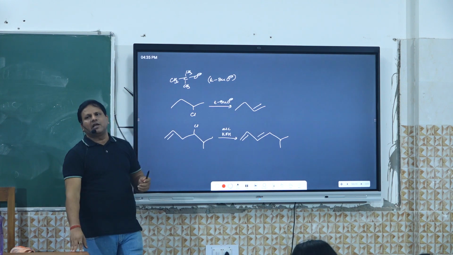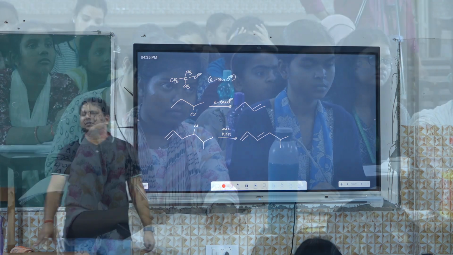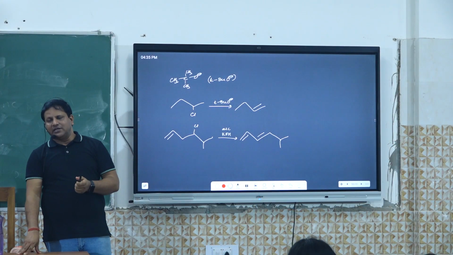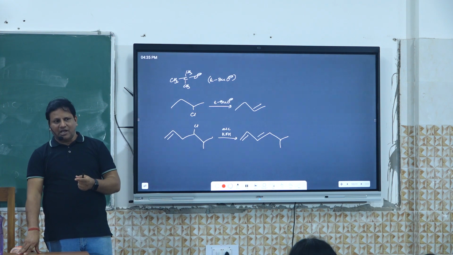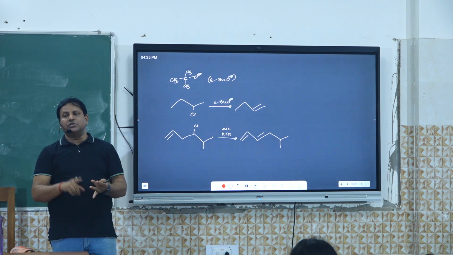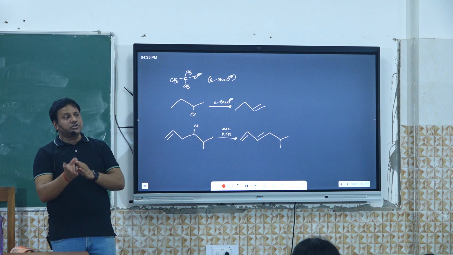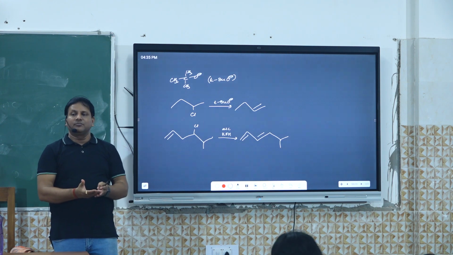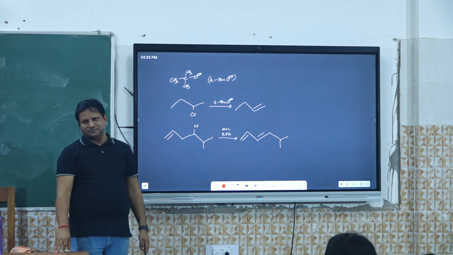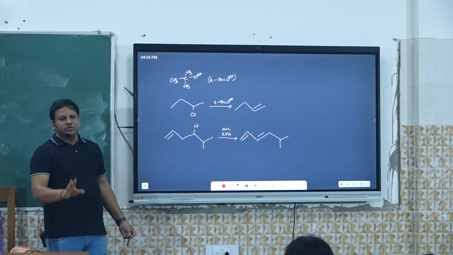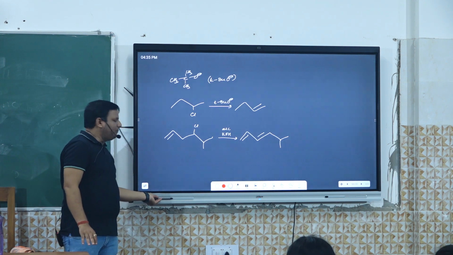More alkyl groups means more stability of the alkene, according to the Saytzeff rule. But here we wrote the opposite product, because of the conjugated diene. We know a conjugated diene is more stable than an isolated diene, according to resonance. Saytzeff rule is supported by hyperconjugation, but resonance is more dominating. So I hope all of you got this. These are the points behind the Hoffman product.